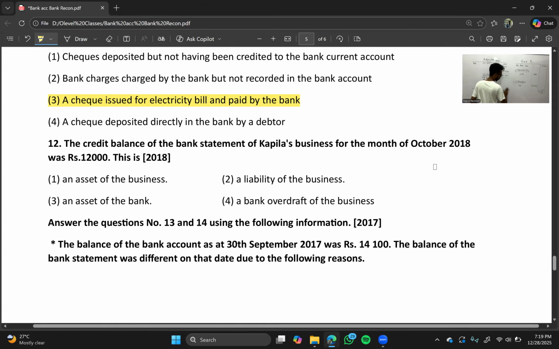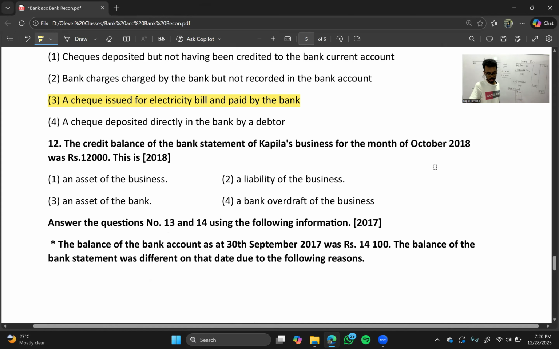In the bank statement, we have the debit and the credit side. In our bank account, whatever we record on the debit side will be recorded on the credit side here. Whatever we record on the credit side will be recorded on the debit side here. But the question says the credit balance of the bank statement, not here, but here. The credit side of the bank statement is rupees 12,000.